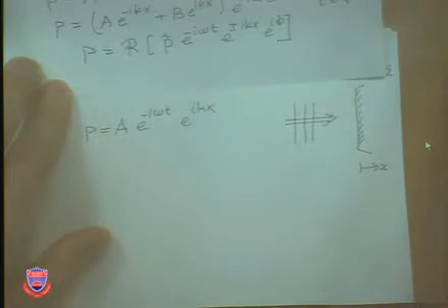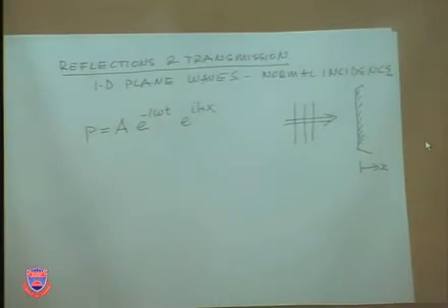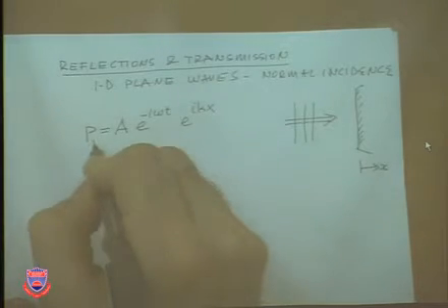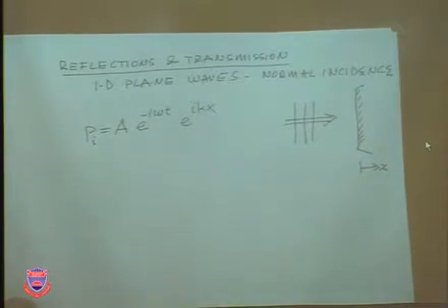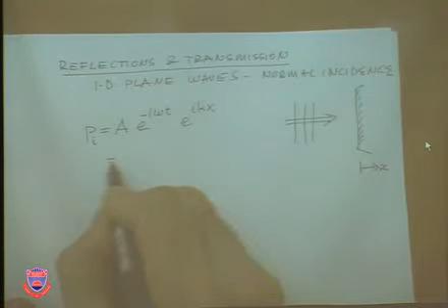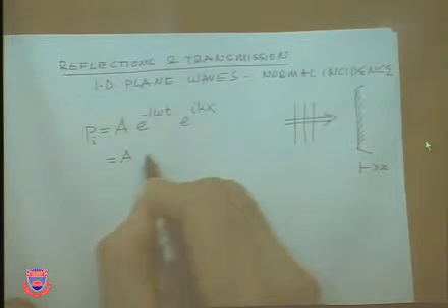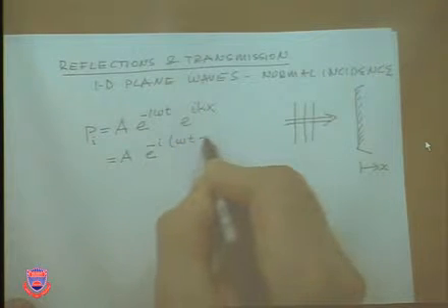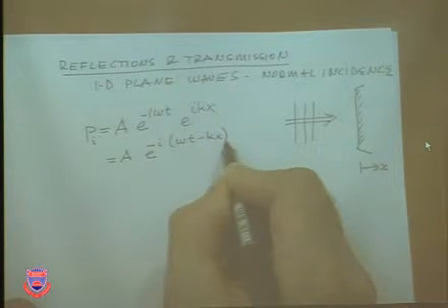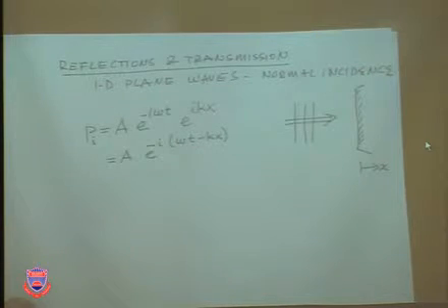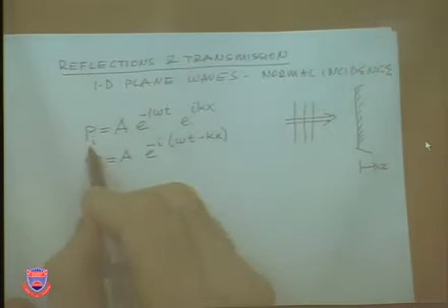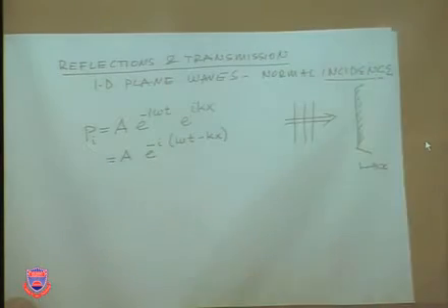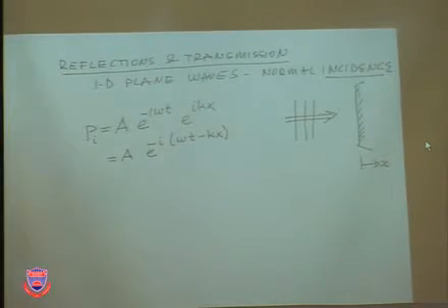That is essentially the pressure wave that's traveling in the positive x direction. And usually, for ease, we write it as this. The subscript I means incidence. It's incident on the wall.